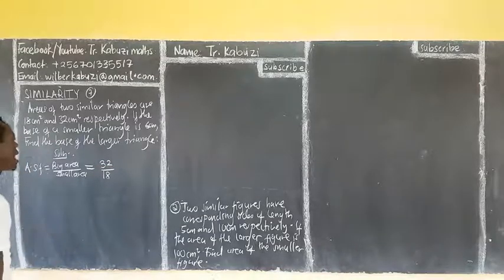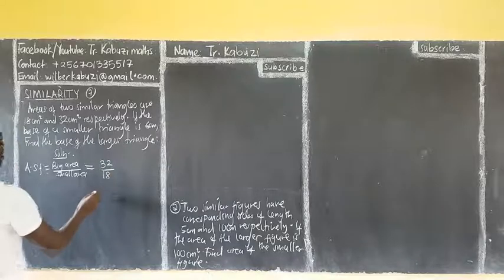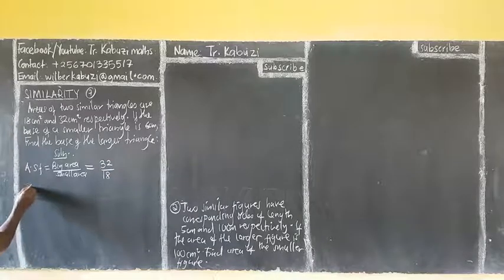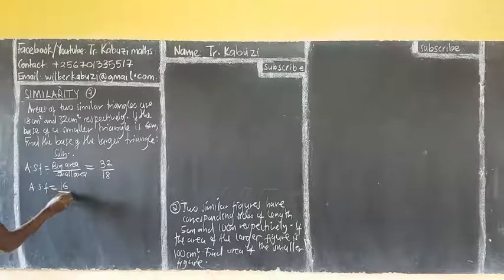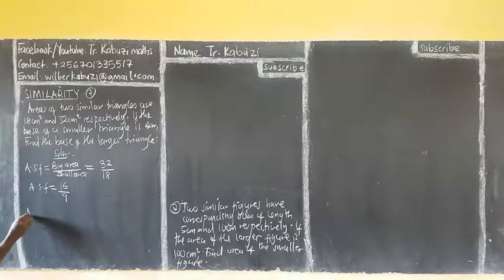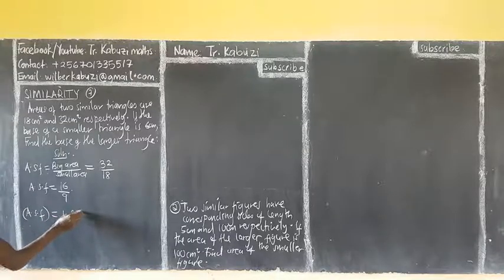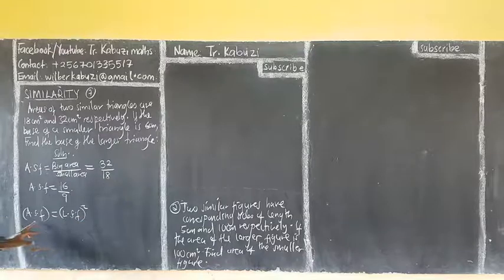You can reduce by 2, and by 3 I have 16, by 3 I have 9. So I have now my area scale factor, but I know that area scale factor is equal to the linear scale factor, the whole square. So if I get this, I can get this.